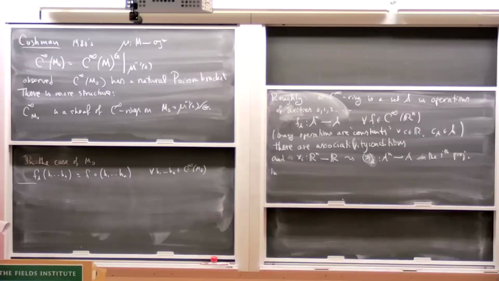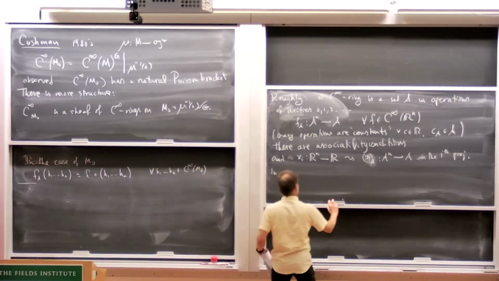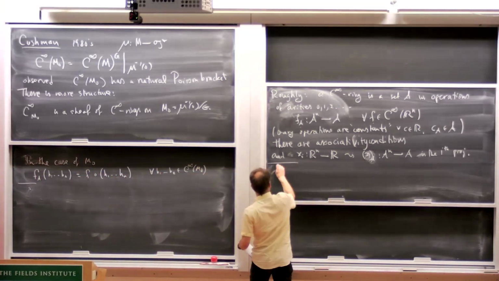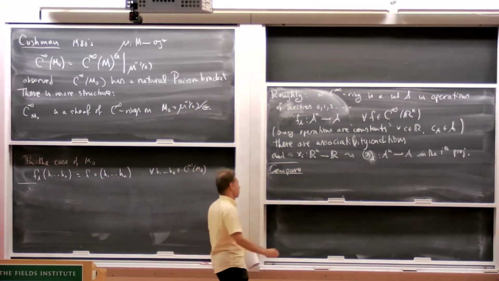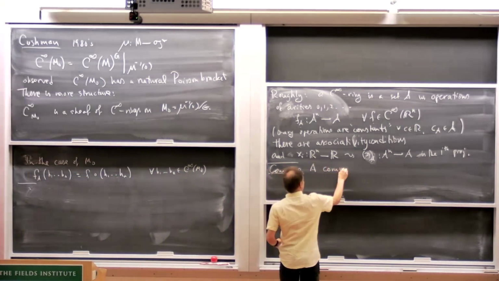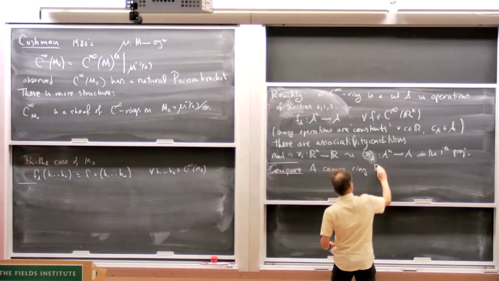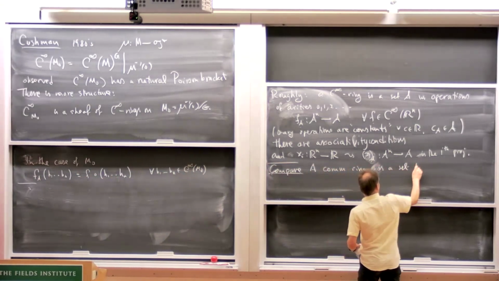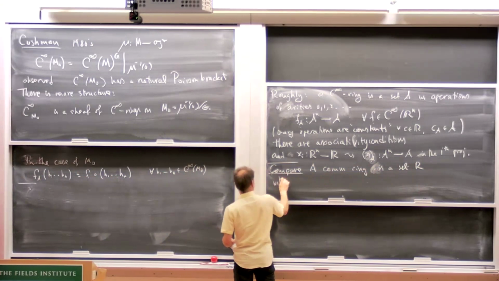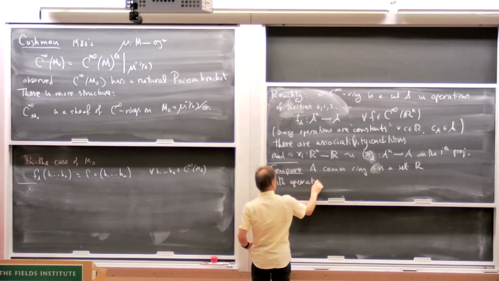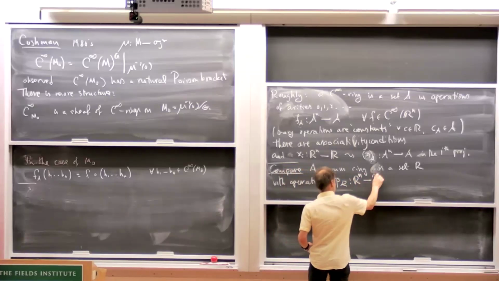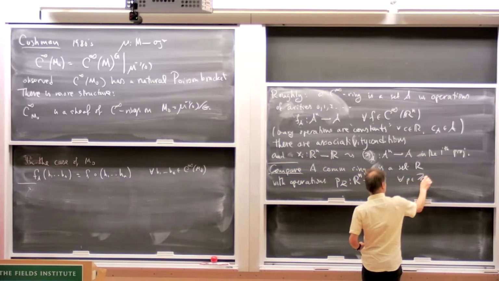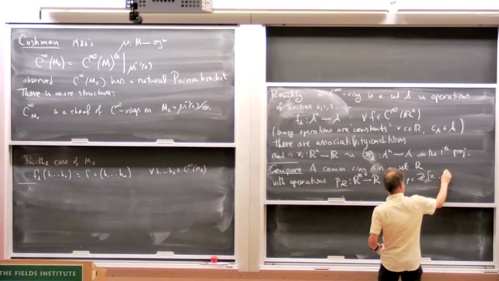I have two comments I want to make at the same time. So we'll do it here. So compare. So here is a weird definition of a commutative ring. A commutative ring R is a set R with operations P sub R, they go from R to the n to R, for every polynomial with integral coefficients.